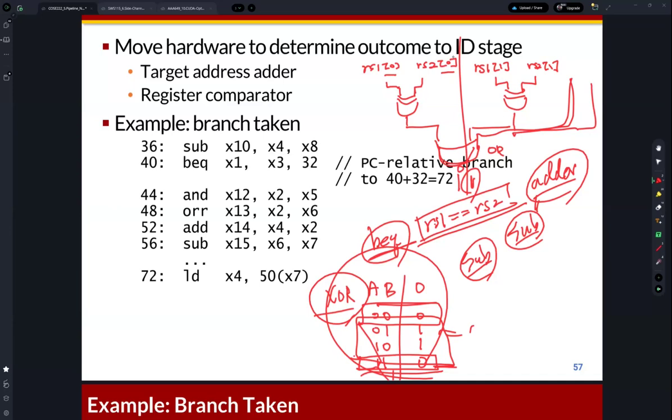So you need to understand the delay of the hardware, right? You can check that the equality check for each bit can be performed in parallel, right? There is no propagation.